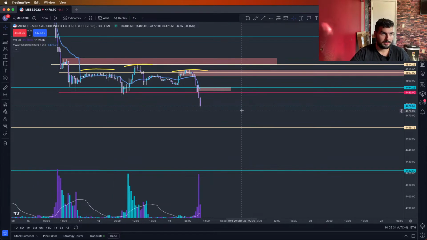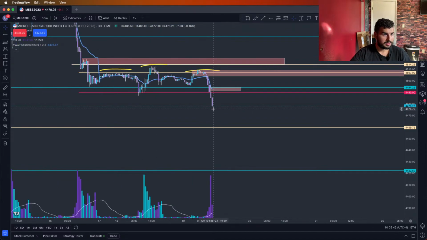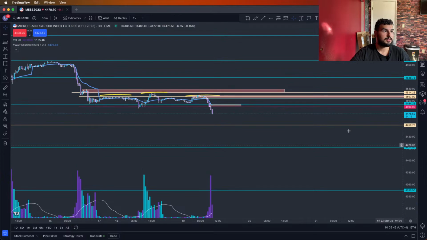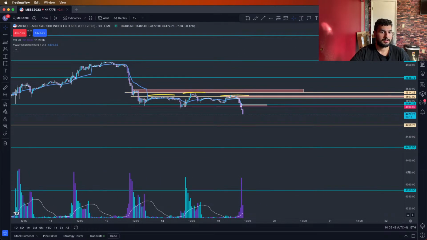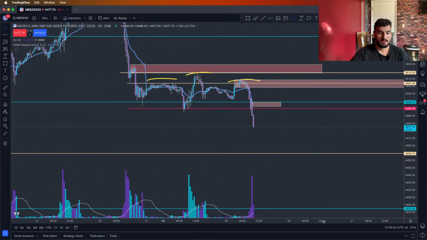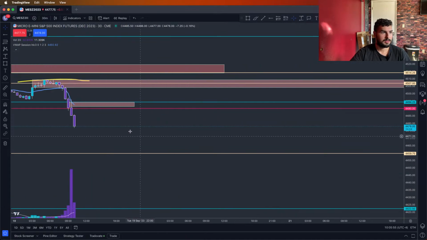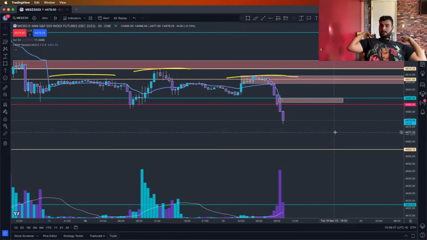So right now we have just a lot of supply in the market so far. The downtrend continues. So you guys can see we've already been here for about 40 minutes and still no trades taken, no trades taken.